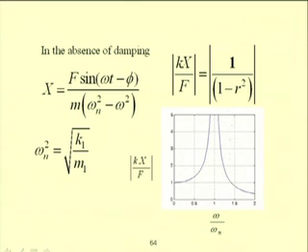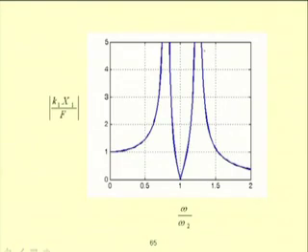When omega tends to omega n, this tends to infinity. To reduce or absorb this vibration completely, one can use the secondary spring and mass system. In that case this resonance point is shifted to right and left, and it has an amplitude of 0. So, this k1 x1 by f becomes 0 at omega equal to omega 2.